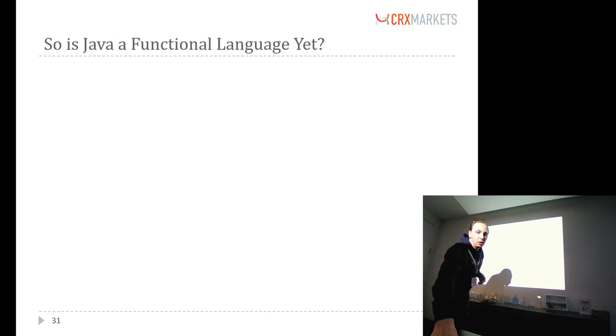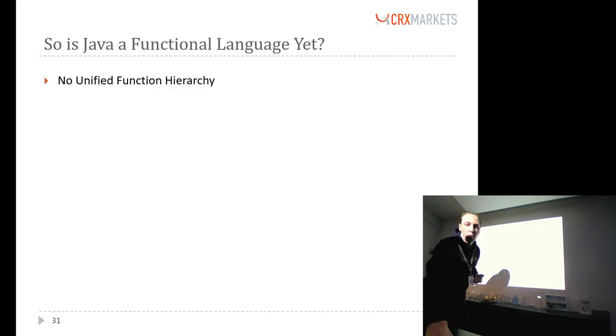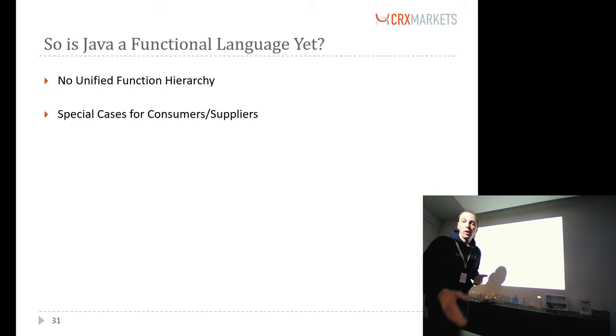So is Java a functional language yet? I think that this is really great, and that in Java, in the recent years, some really cool functional features appeared. But for me, I cannot call this language functional until I can abstract over all functions. So there's no unified function hierarchy. There are special cases for consumers and suppliers. So suppliers basically are functions that don't take any kind of parameter.